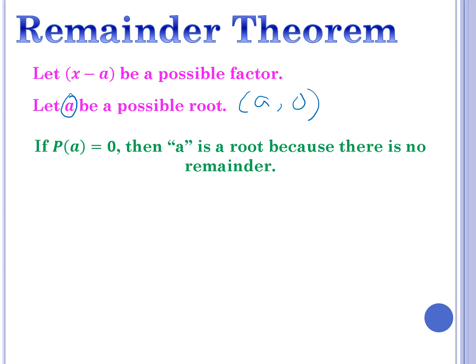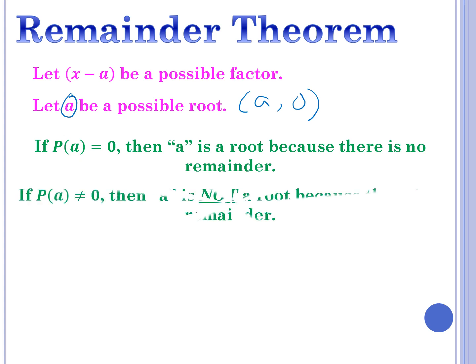So if I plug a in and I get 0, then it's a root, also an intercept, because there is no remainder. Because remember, if it's a root, there's no remainder. If I plug it in and don't get 0, then it's not a root, because that means I have a remainder. It's going to be a point on my curve, it's just not going to be a root.